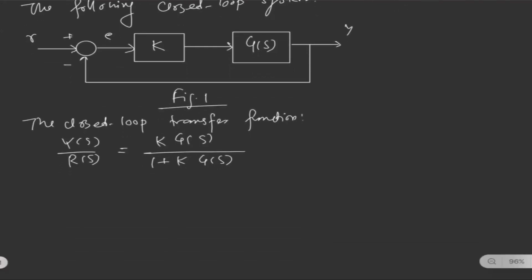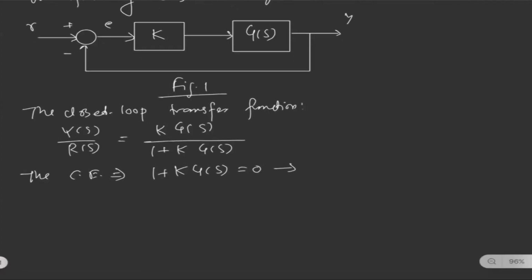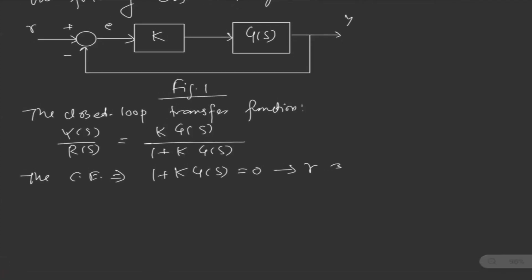Now the characteristic equation from this closed loop transfer function is 1 plus K G(s) equals 0. If you solve this equation, we'll get the poles of the closed loop system; the roots are the poles of the closed loop system.